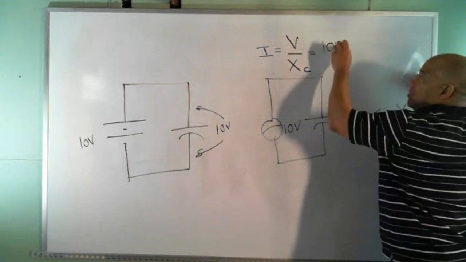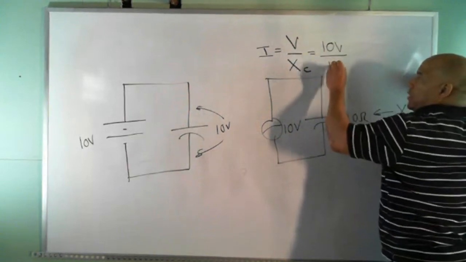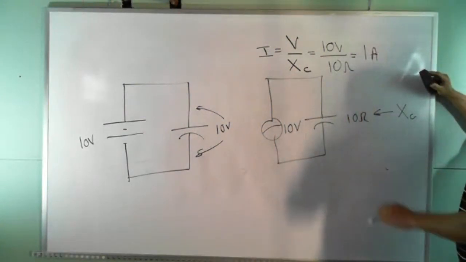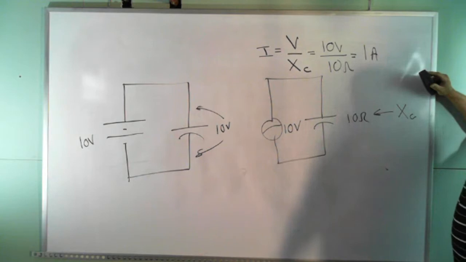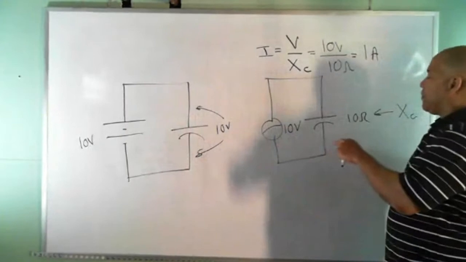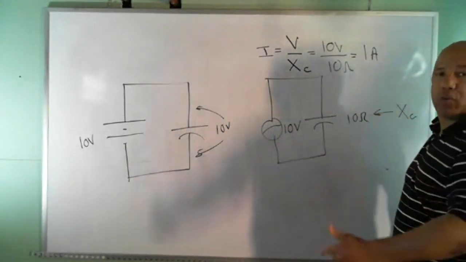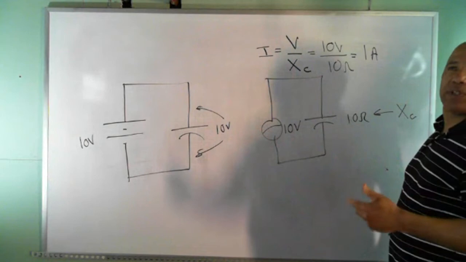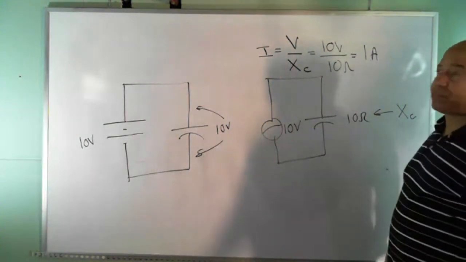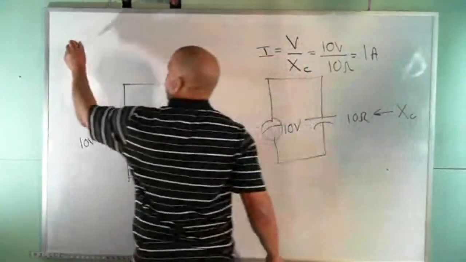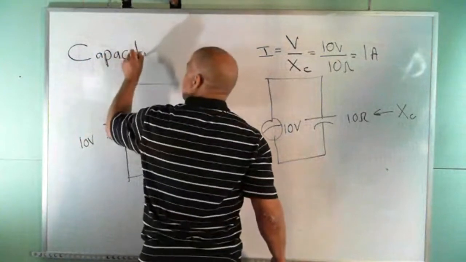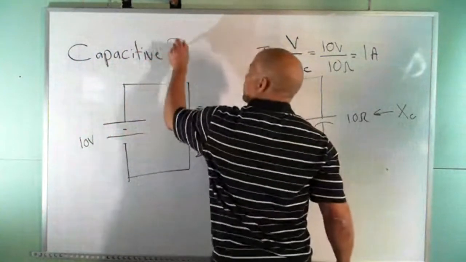I would have 10 volts over 10 ohms, and that leaves me with 1 amp of current flowing in that AC circuit. So whereas in the DC circuit the capacitor charged up, in the AC circuit that capacitor provides ohms of opposition that we call reactance, and since it's coming from a capacitor, we call it capacitive reactance. So today we're talking about capacitive reactance.